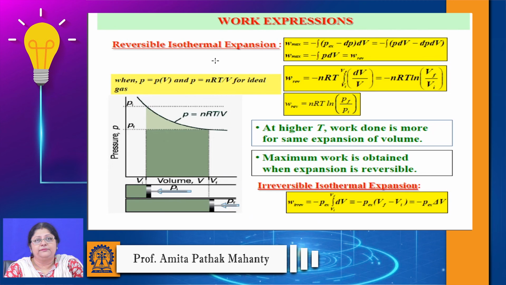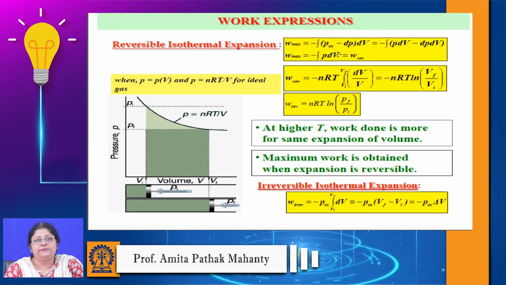So if I have an isothermal expansion, I put W equal to minus the integral of P external dV, from the initial to the final volume. Put the value of P external as the pressure of the gas minus a small amount dP for the expansion, and from there you can find that the maximum work is minus the integral of P dV over the volume change.